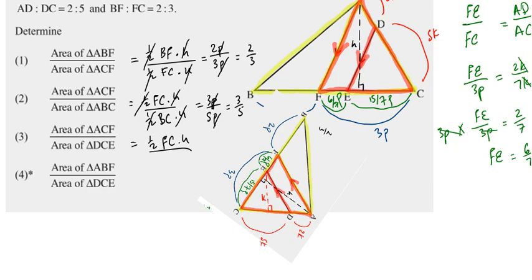Talk to me, guys. You must be identifying this. Talk to me, Mr. Rowan. What do you see there, sir? Do you see that we can find the area of DCE? Anyone?